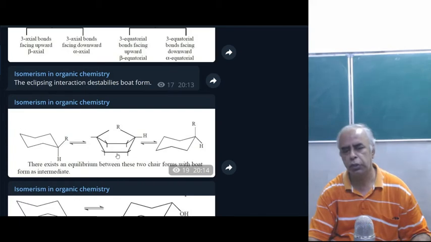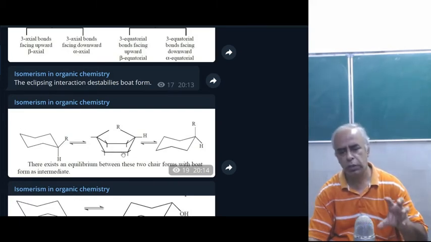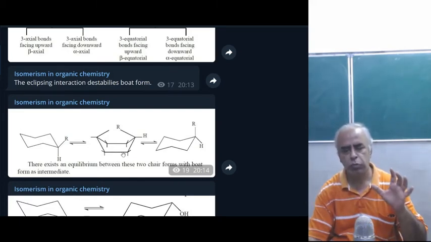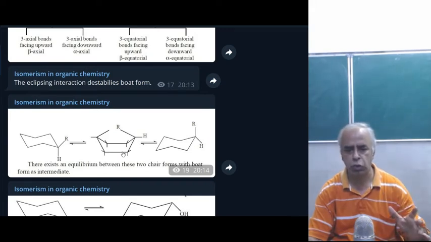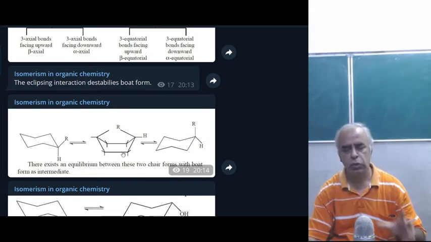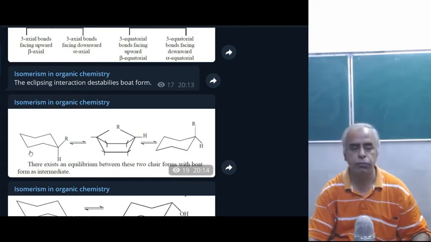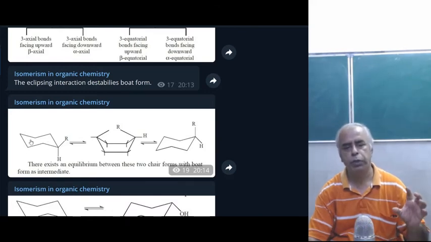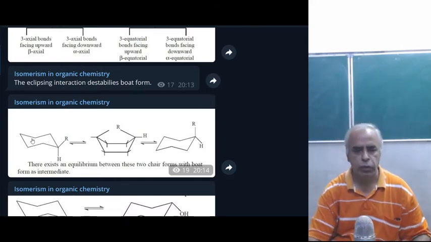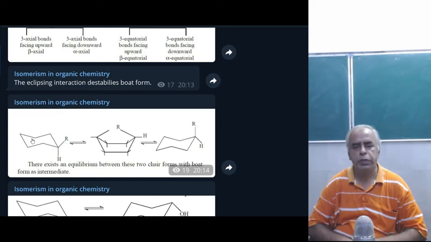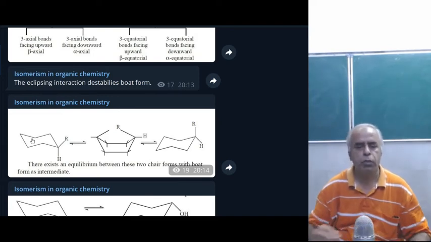Because of that there is a strain, and it is actually called steric hindrance. Steric means space, hindrance means obstacle. So there is a steric, that is a space-level strain, and that is why the boat form is less stable than the chair form. So in cyclohexane, the chair form is more stable.